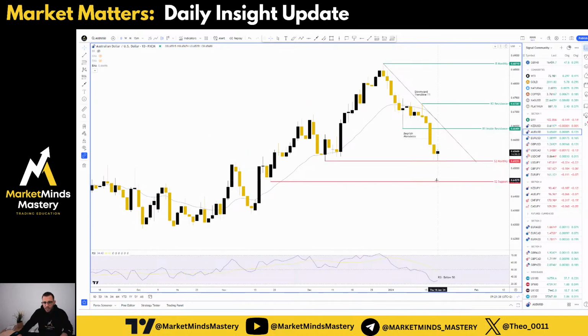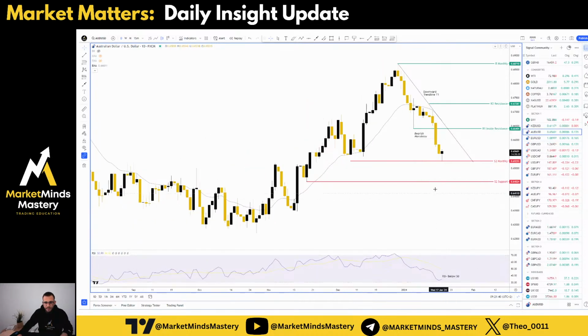Australian dollar, US dollar. The price yesterday reached this support, and actually that's a monthly support, as you see at this point here. And it bounced upwards. We don't know if this upward bounce will sustain and will create buying pressure that is going to cause the price to reverse.